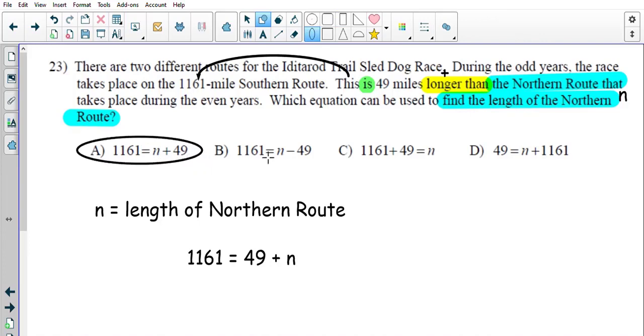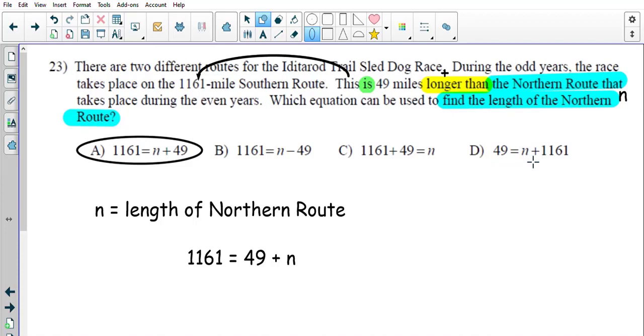If I look at choice B, that's not the same. 49 plus n and n minus 49 are not the same. If I look at the third one, 1,161 plus 49 equals n, also not equivalent based on where my equal sign is here. And then finally, choice D, you should never choose choice D because if you solve that equation, you would get a negative value.